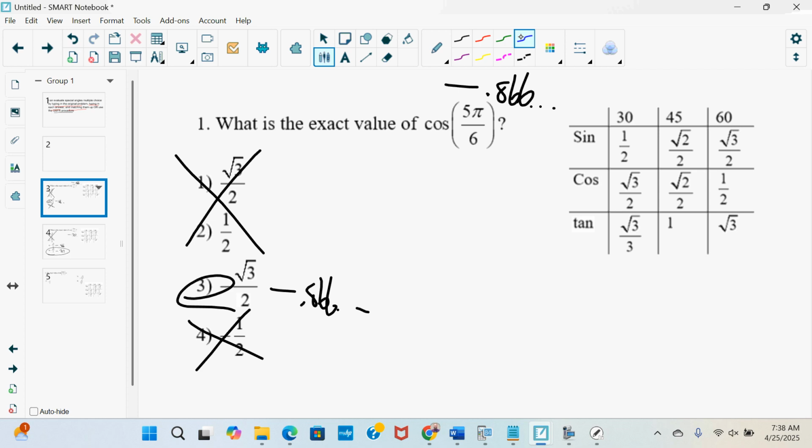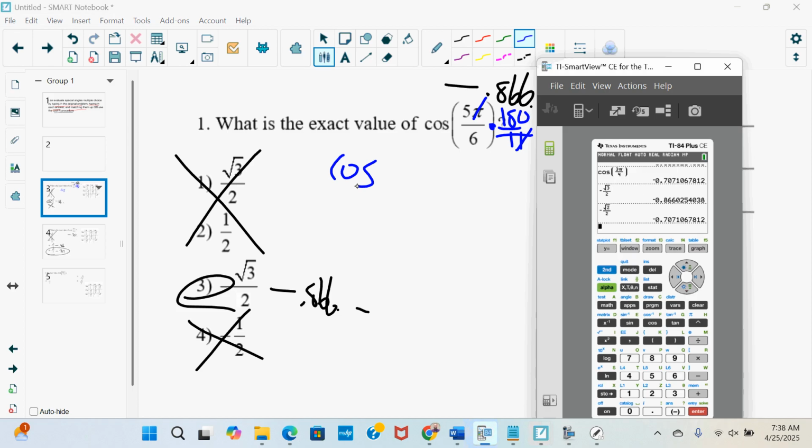But if it's open response or we don't want to do it this way because we're too cool for that, QSFR. I need to start by converting this to degrees because in algebra 2, I think in degrees. So it's cosine of 5 times 180 over 6.